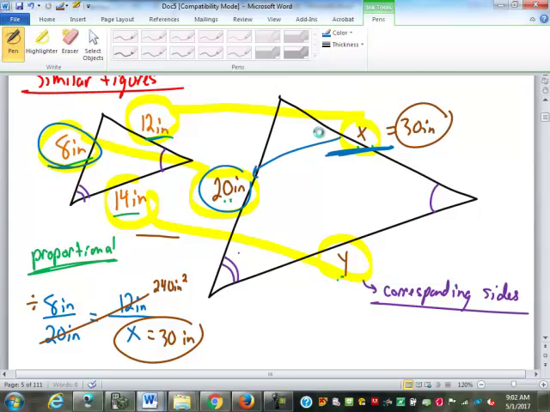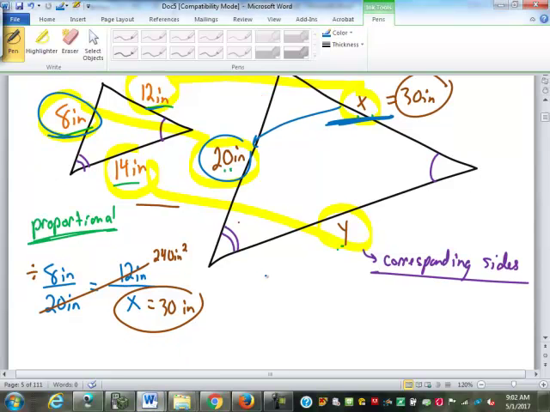I find y exactly the same way. So I still have 8 inches became 20 inches. Does y go on top or bottom? Still from the same figure as the 20, so it still goes on bottom. And its corresponding side? The 14.